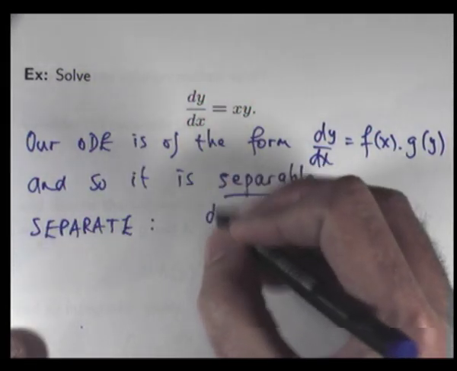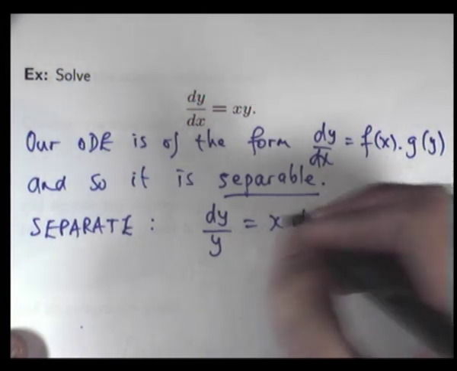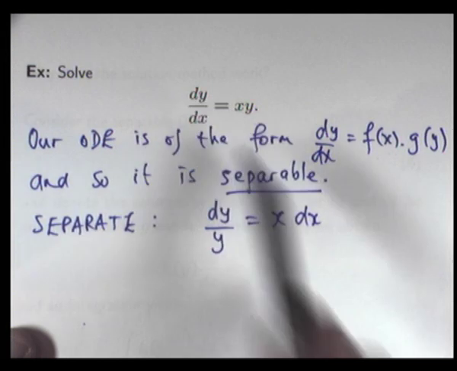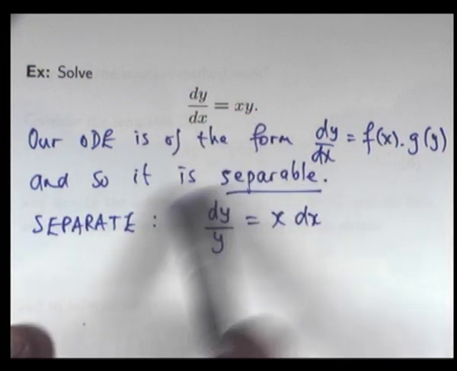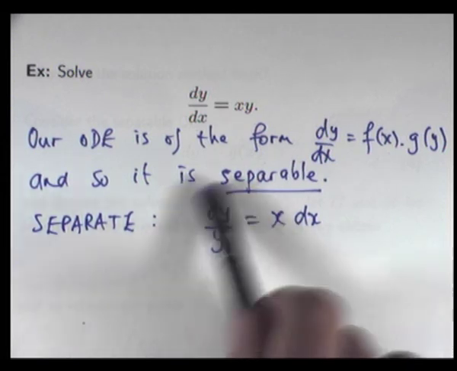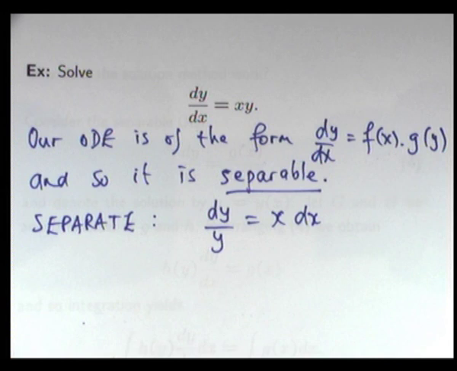So I get something a little like this. You can see I've broken up the dy dx to form a type of differential form here. All the y's and dy's are on one side, all the x's and dx's are on the other side. So this is what I mean by separating the variables.